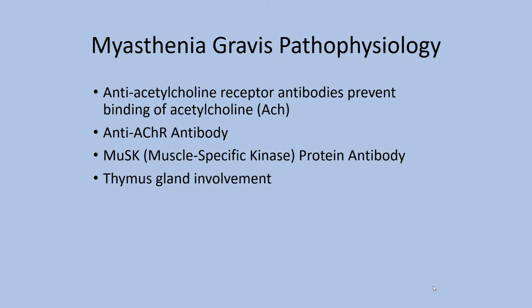But they think it may be because there are flawed instructions developing between our immune system and the thymus gland, which then results in the development of the AChR antibodies, which go and destroy the receptor sites. So that's what they're thinking. Again, they're not 100% sure what the cause is with the thymus gland.